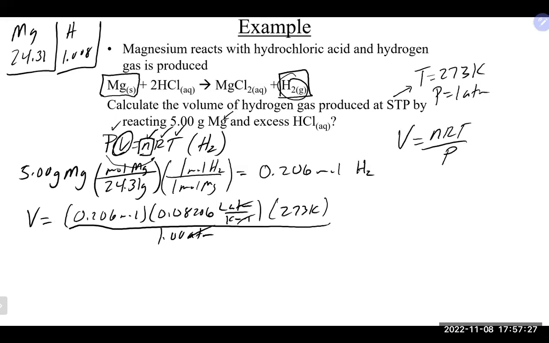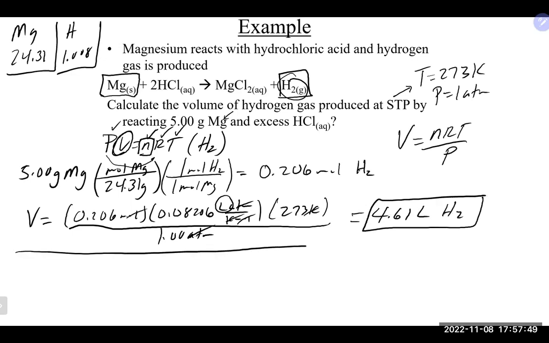Atmospheres cancel, moles cancel, Kelvin cancel, leaves us with liters. And we would get 0.206 times 0.08206 times the 273, about 4.61 liters of H2 would be collected here.